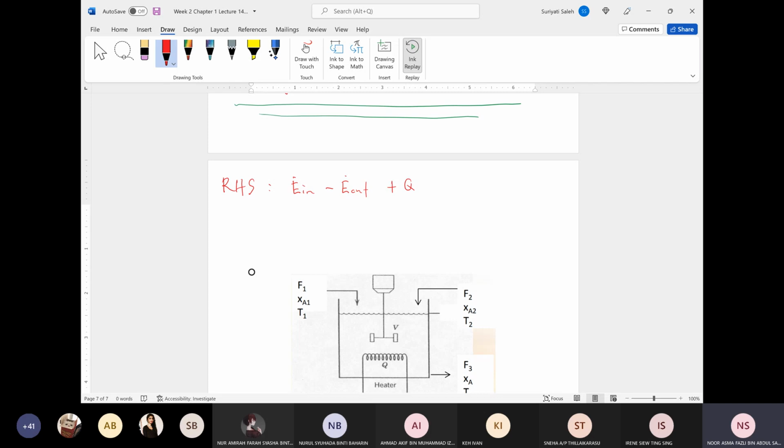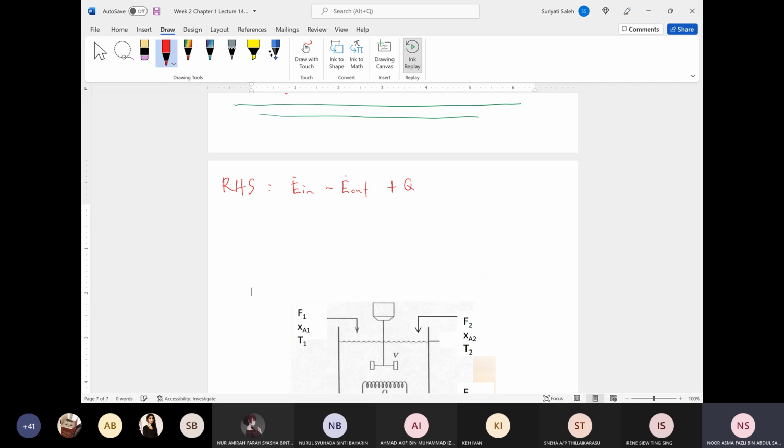Normally, we consider the flow coming into the system. So we have the flow F1 coming in. Of course, this flow will carry some energy, and normally this is multiplied by Cp and T to account for the enthalpy carried by this flow.